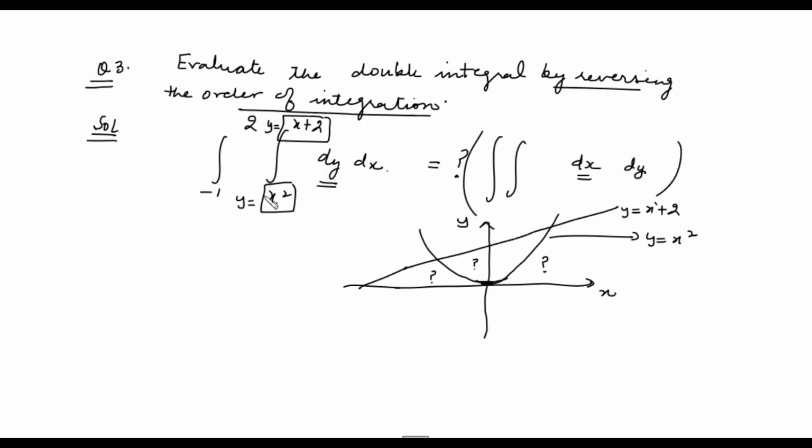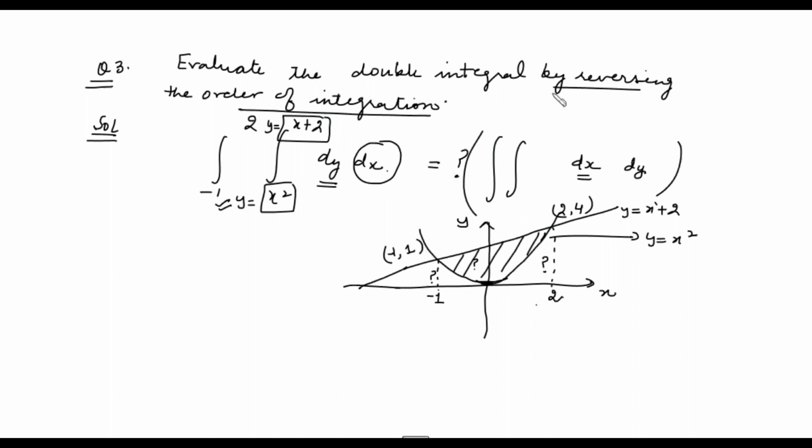Since our y is varying from x square to x plus 2, over this region y is always varying from x square to this line. So the region is this one. The minimum value of x in this region is minus 1, and the max value of x is 2. Here the value of y is 4 and here the value of y is 1.